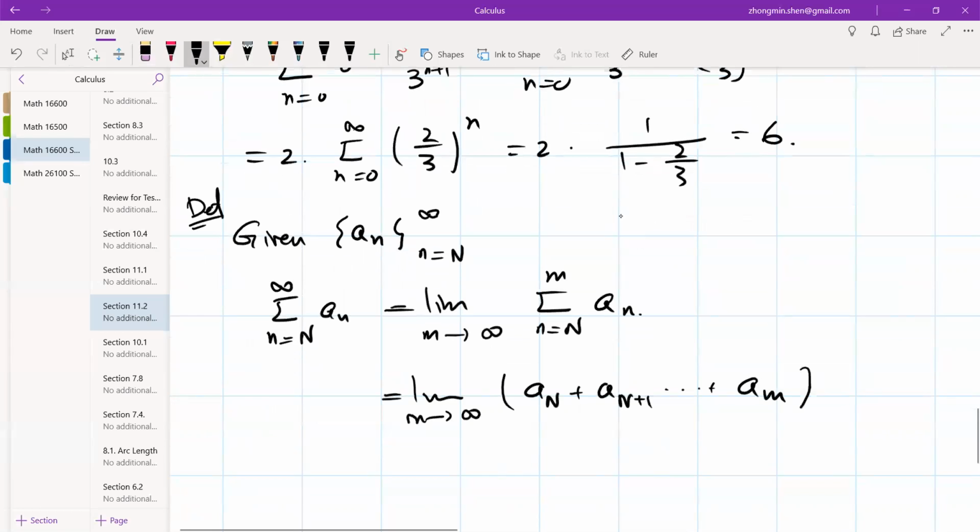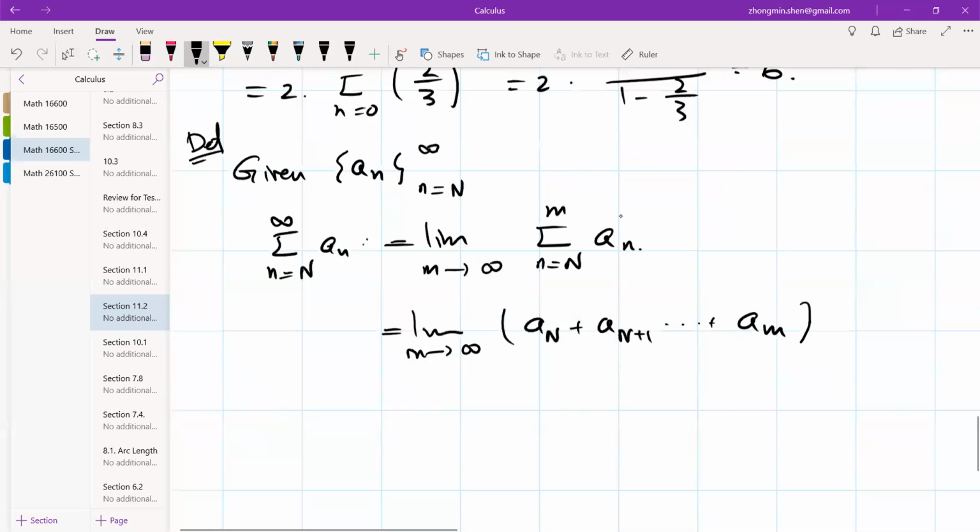So you have the sum of so many terms, then let m go to infinity. That's the notation. So the sigma from n equals capital N to infinity means the limit of these partial sums. And when the limit exists, we say it's convergent. Otherwise, we say it's divergent.